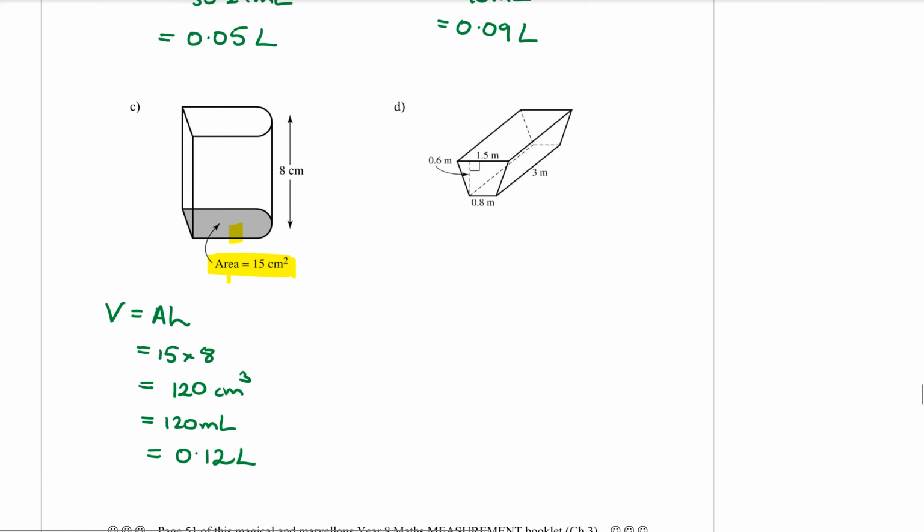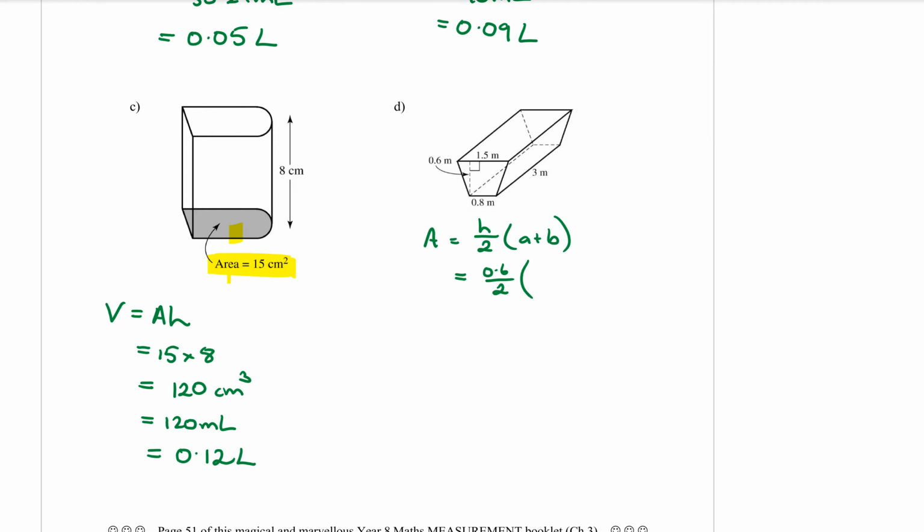Part D, we have a trapezoidal prism, which means it has a trapezium on the front. So first of all, I'm going to start by finding the area of that trapezium. The formula for a trapezium is h over 2 bracket a plus b. The height is this perpendicular one here, that's the 0.6 over 2.